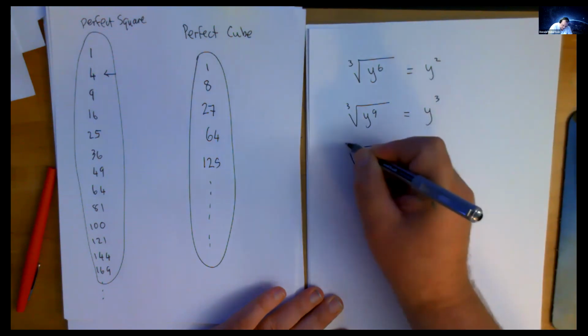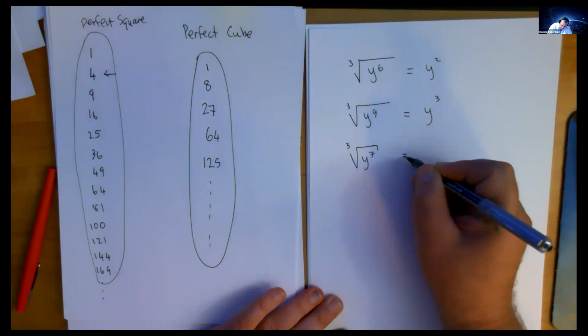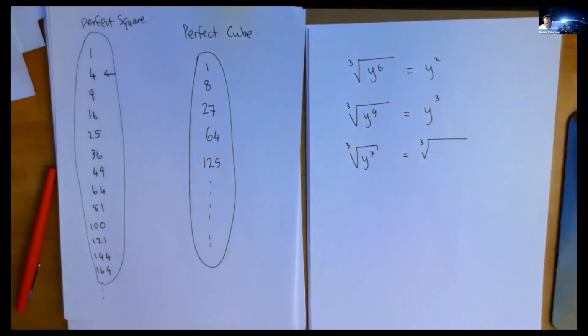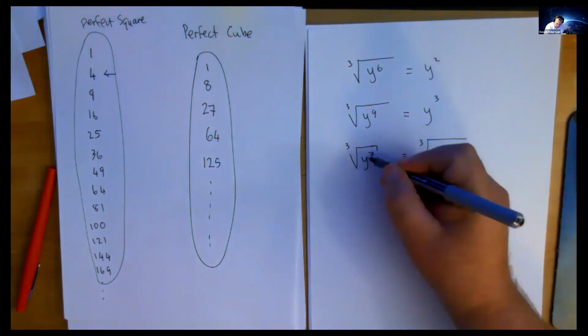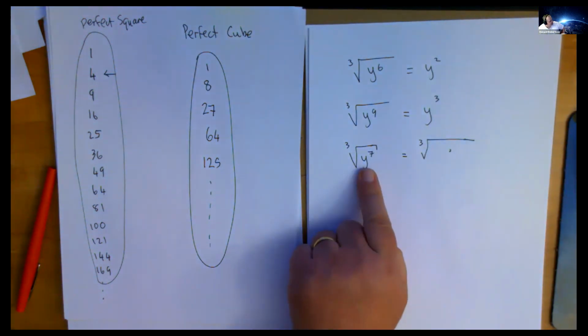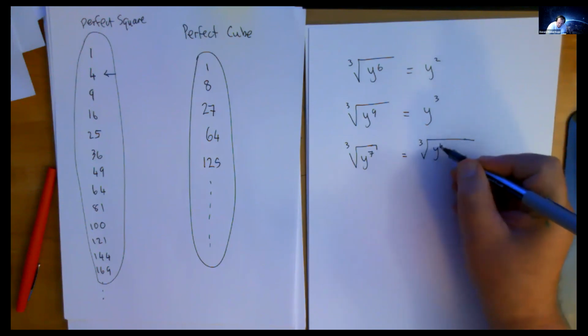So what the heck do you do with the cube root of y to the 7? Well, don't we kind of do the same trick that we did with square roots? I break y to the 7 into two pieces, but doesn't one of them have to be a multiple of 3? So it has to be a y cubed or a y to the 6 or a y to the 9. In this case, it's going to be y to the 6 times a y.